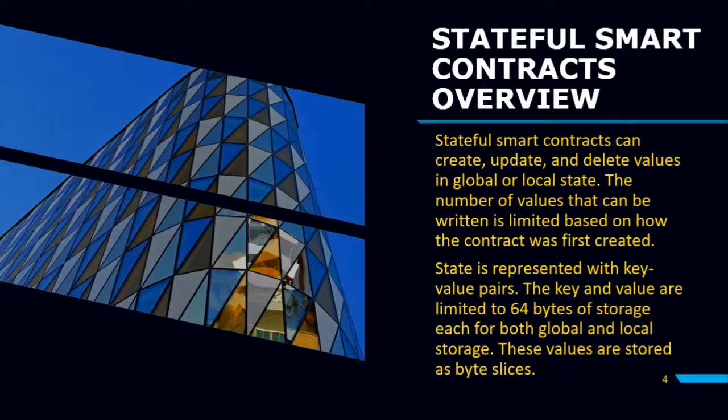State is represented with key value pairs. The key and value are limited to 64 bytes of storage for both local and global storage. These values are stored as byte slices. Right, so in a state we must have a key and a value for every state.